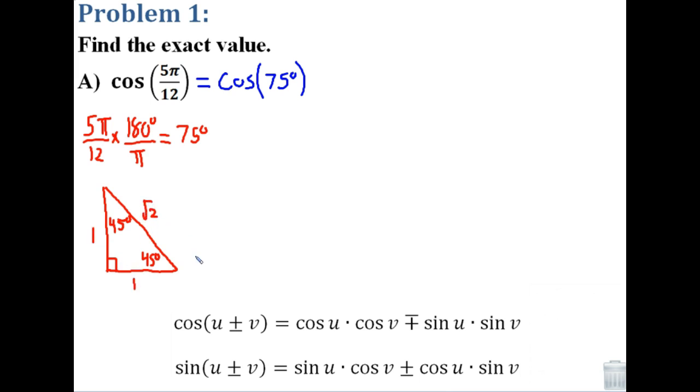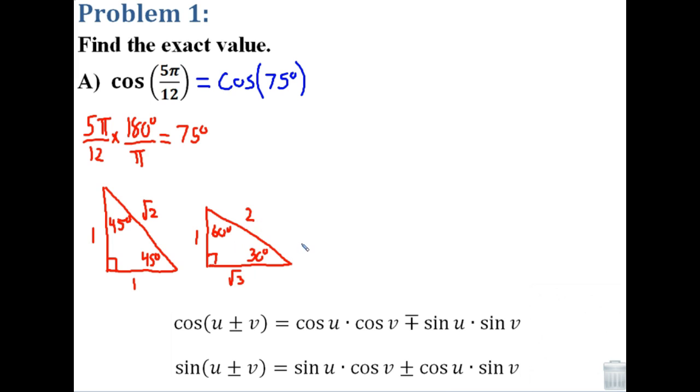That was one of our special right triangles. And then also we had the 30, 60, 90, with side lengths of 1 across from the 30, root 3 across from the 60, and 2 as the hypotenuse.